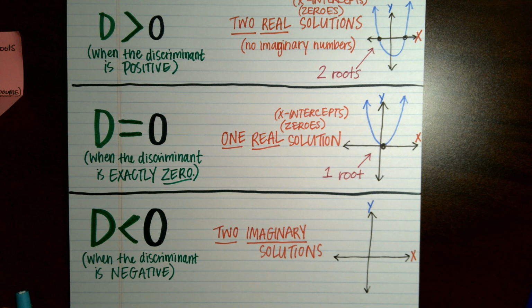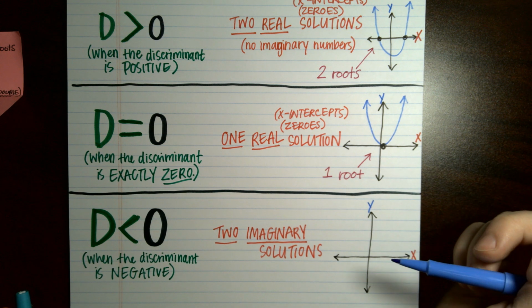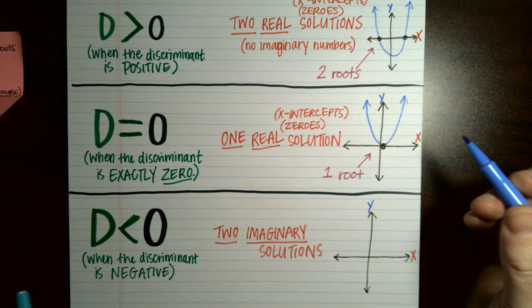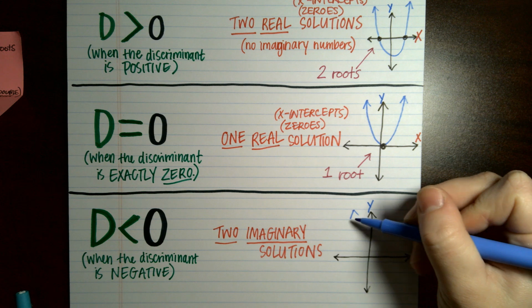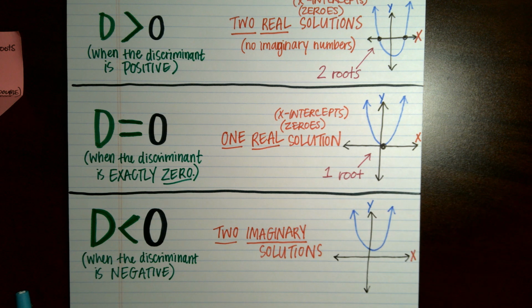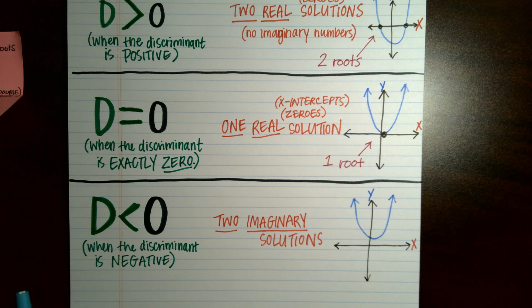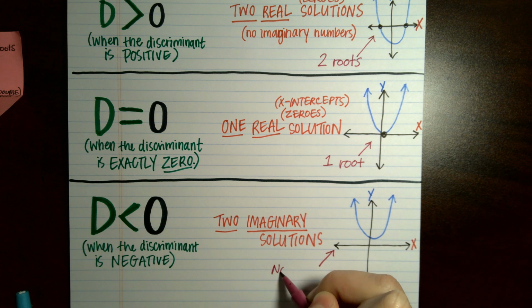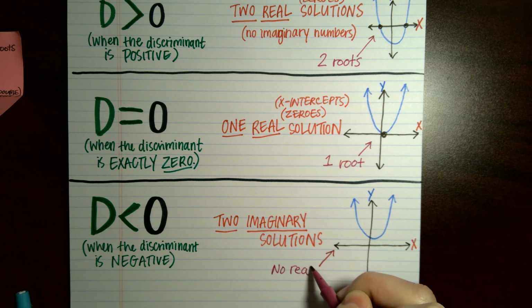When we have imaginary solutions, when our discriminant is negative and there are no real roots, our parabola is not going to be touching the x-axis. It's just going to be somewhere like that. So we would say no real root.